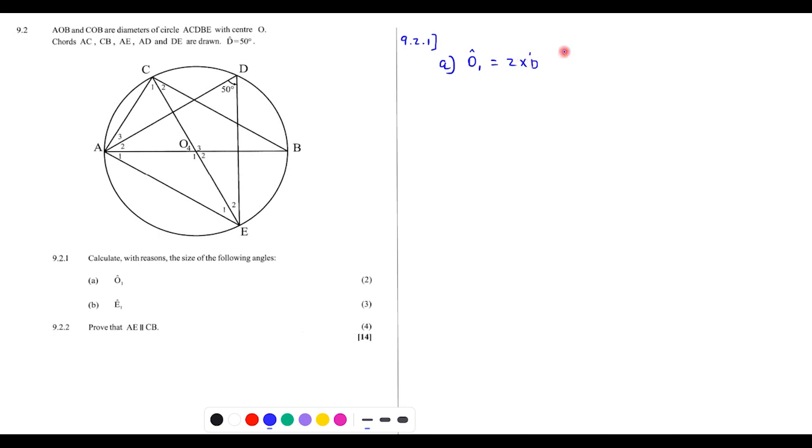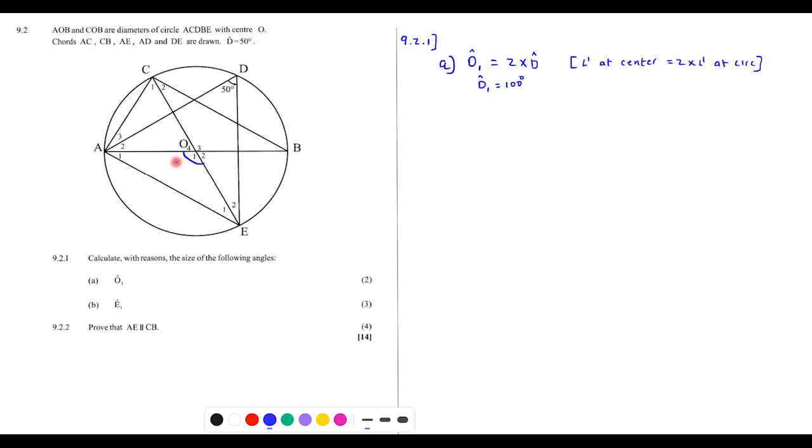The reason is angle at center is 2 times angle at circumference, right? Now basically this means that O1 is 2 times 50, which is 100. Now I would like to write O1 here so that we can see the information that we already have. So we have 100 there, right?